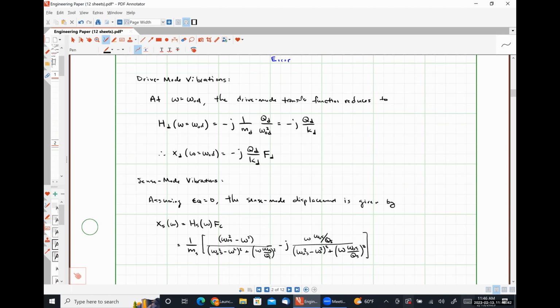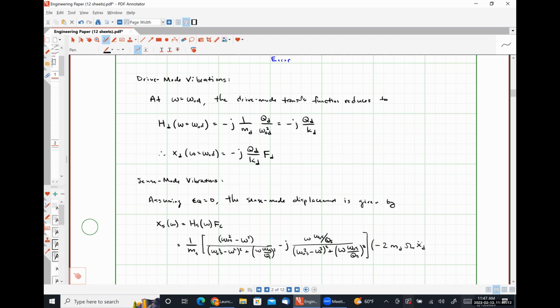I'm going to write this out like this, and then I'm going to make a change to it. So negative 2 md, because it's the mass of the drive mode that is experiencing the Coriolis force, times capital omega times the drive mode velocity.